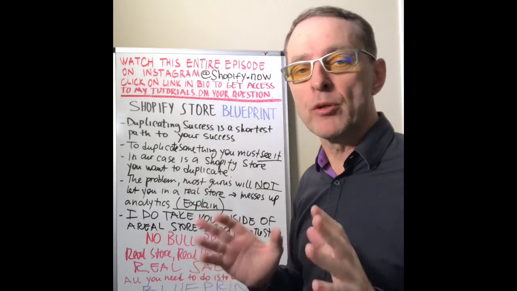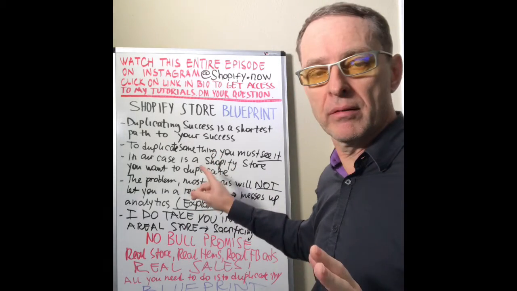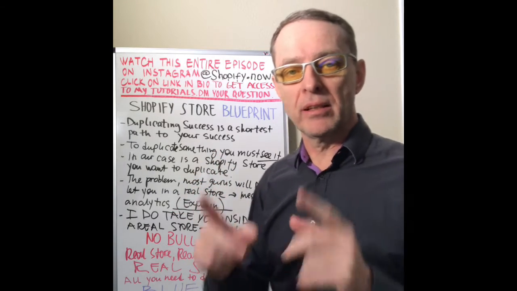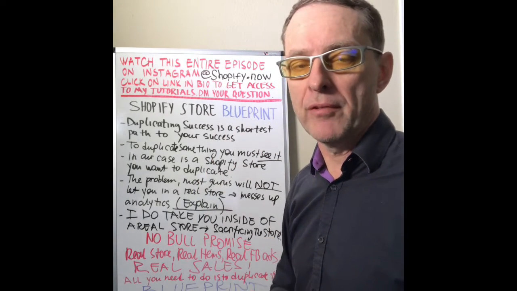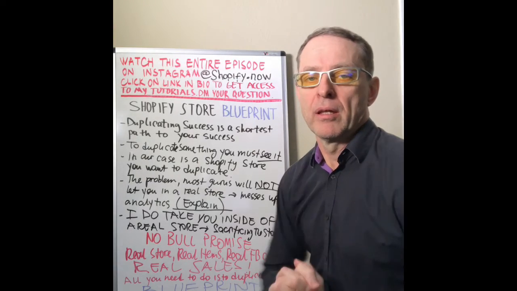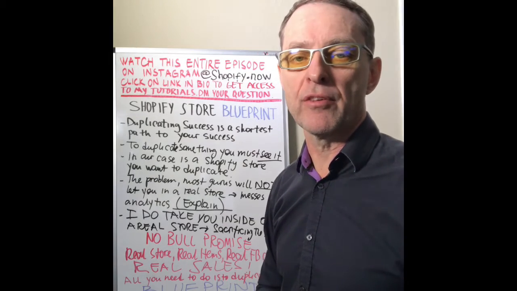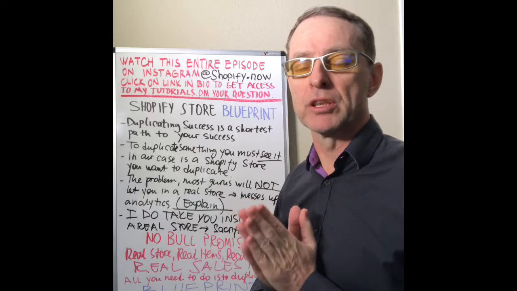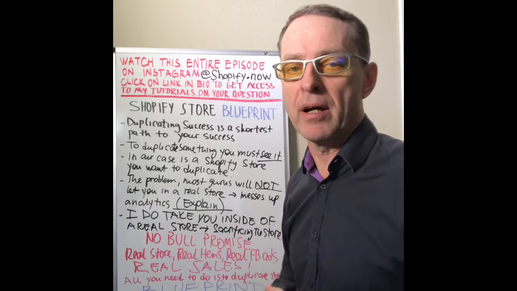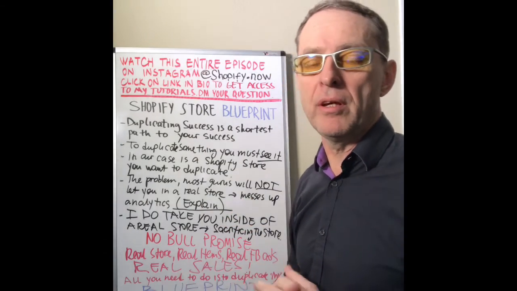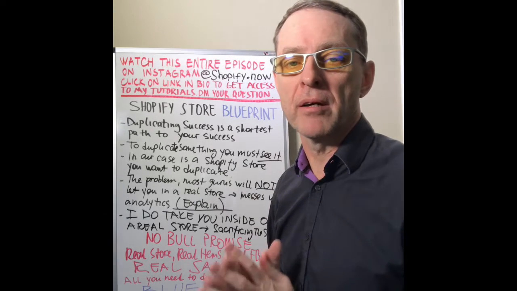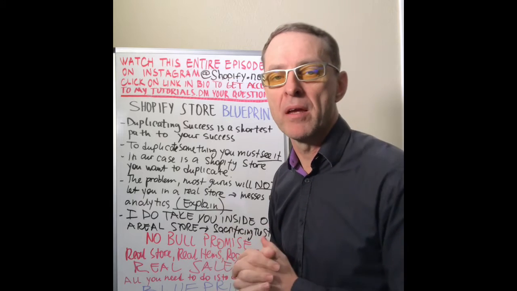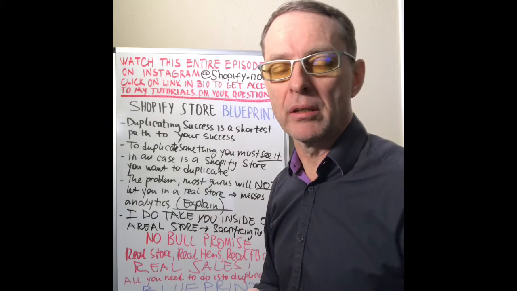So you cannot duplicate anything until you see it with your own eyes. It's hard to duplicate what you don't see. If you spend some time on the internet, and I suspect most of you follow e-commerce and Shopify, you see these gurus that have screenshots of their income, and they sell courses.